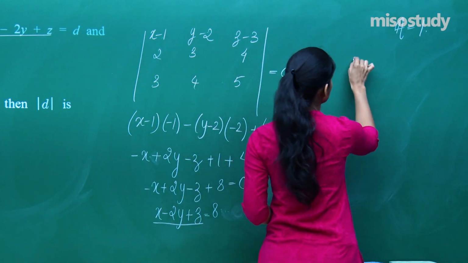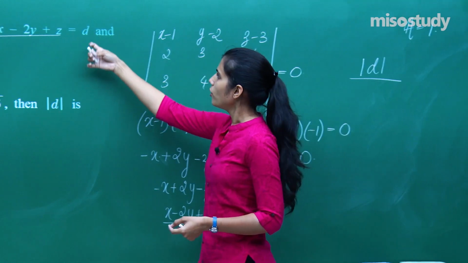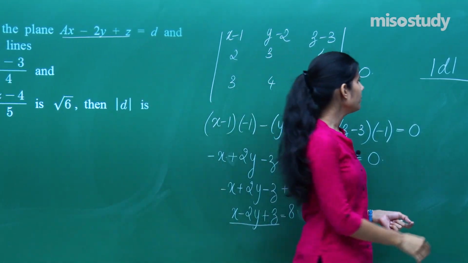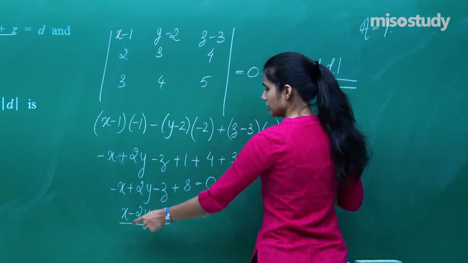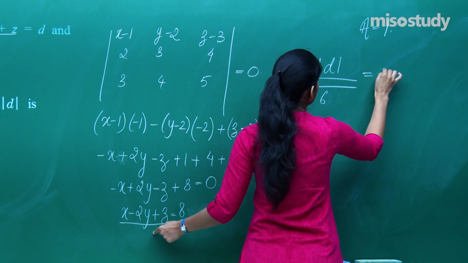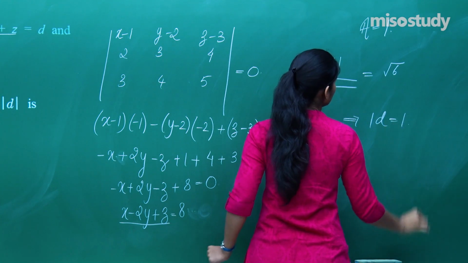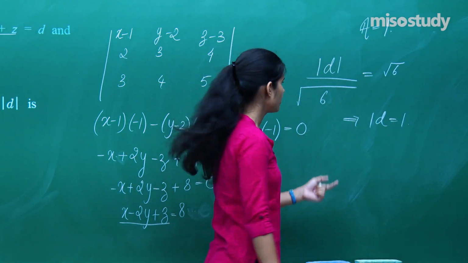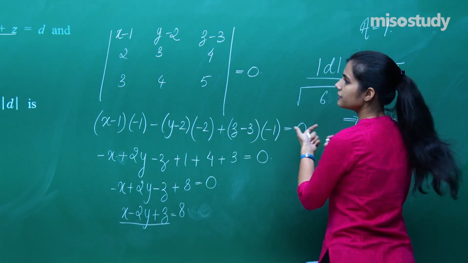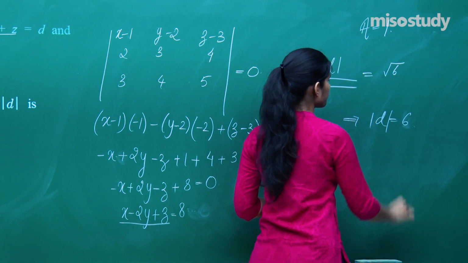So the distance is actually mod of d, where d is given to you here. Mod of d whole upon under root 1 square plus (−2) square plus 1 square, which is root 6. This is given to you as root 6, so this is equal to 6.